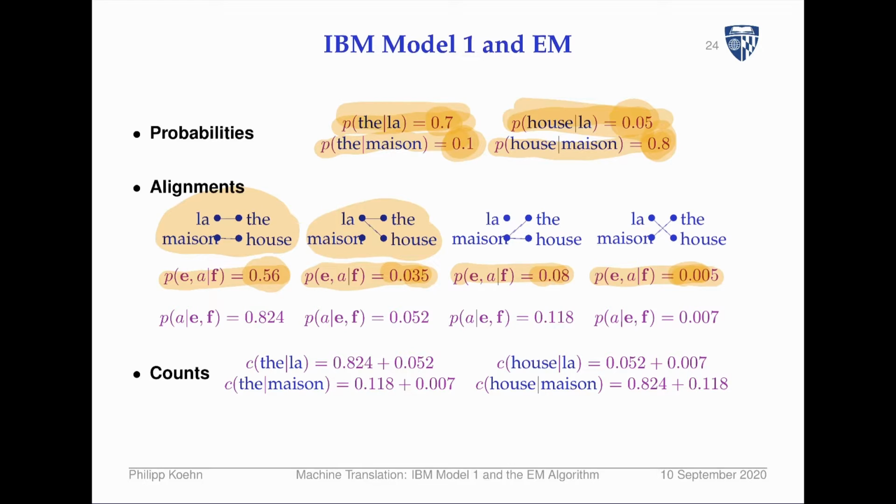It gives us the probability of the English sentence and the alignment given the foreign sentence. However, the English sentence is given. We are really interested in the probability of the different alignments. So we're interested in the probability of the alignment given the sentence pair. So it's slightly different. We're going to go through the math about how to do this later.